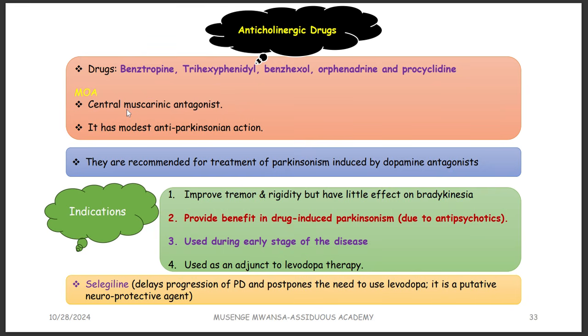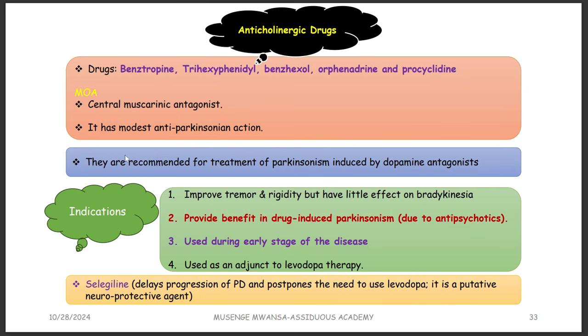You can see that they are central, meaning at least there's a reduction in those side effects in the periphery, though I don't think it can be total. So you are going to see the same side effects as for anticholinergic drugs, like constipation, failure to urinate, and blurred vision.